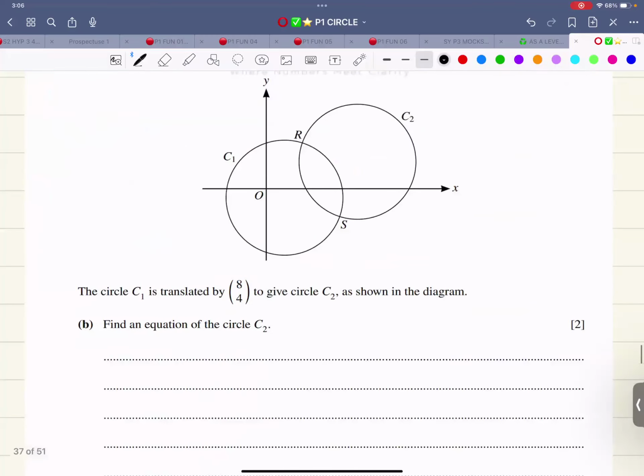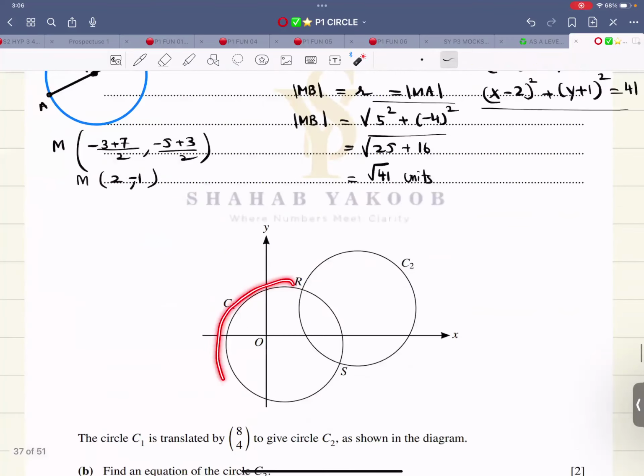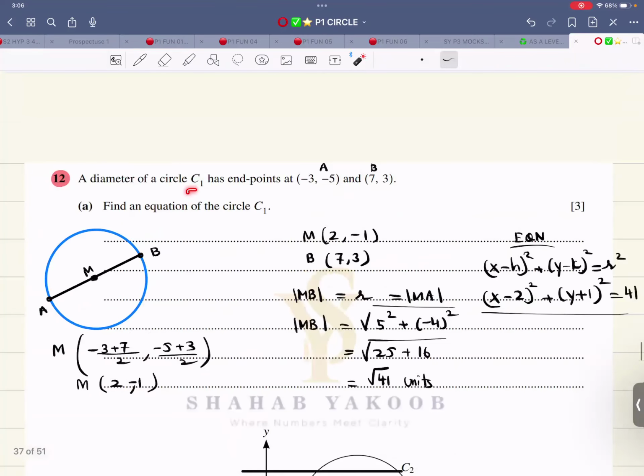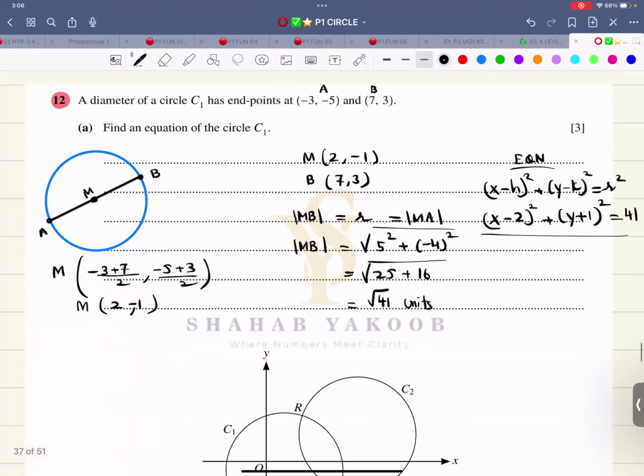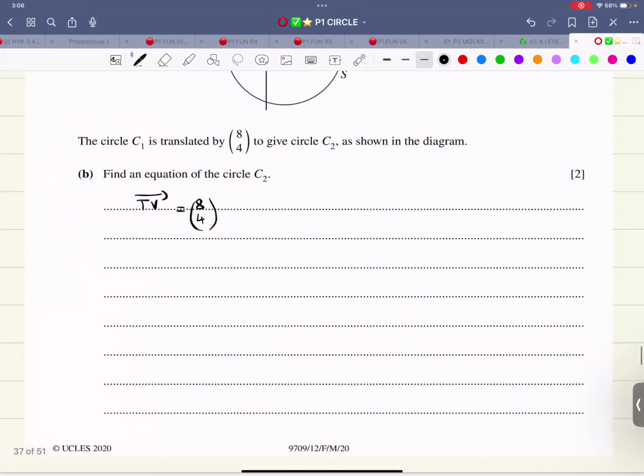Now the next thing. The circle C1 is translated by 8,4 to give circle C2. So now this circle is C1 that we just were working with, and it has been translated by 8,4. So translation vector is 8,4. And over here, the center of the first circle is 2, -1.